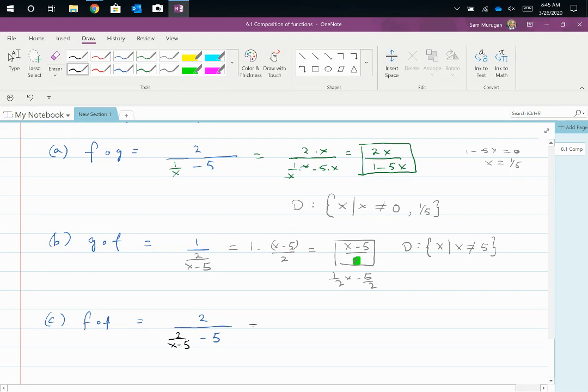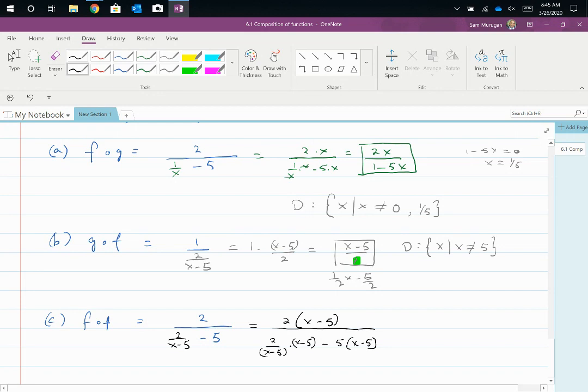And we have a complex fraction here, so 2 over x minus 5 over 2 over x minus 5 times x minus 5 minus 5 times x minus 5.